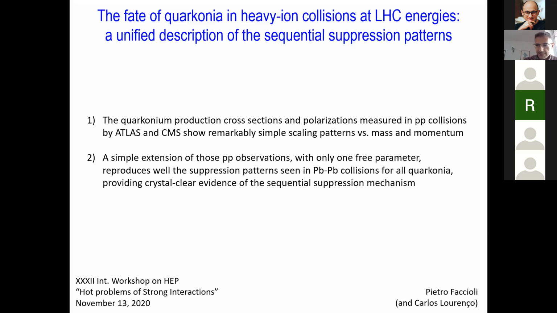And then, using this as a baseline, I will look at the case of lead-lead data to see if we can interpret them in the framework of the same scaling seen in proton-proton collisions with some minimal modification. And we will see that this will give a nice evidence of the sequential suppression mechanism.